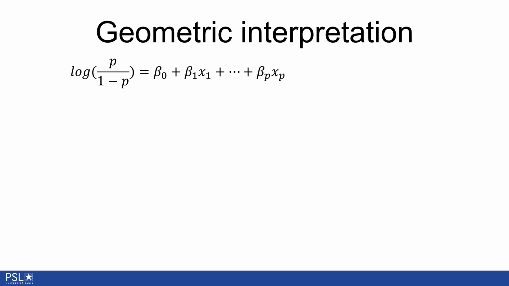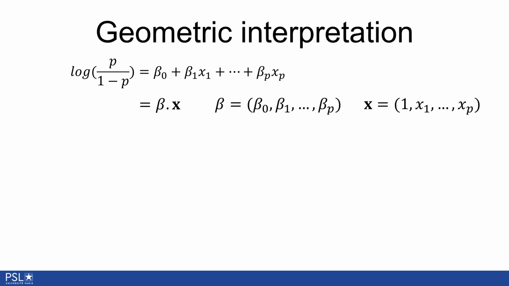As we saw, the log odds of class 1 are given by a linear function of input features. As for linear regression, this linear function can be written as a scalar product between two vectors, the vector beta of regression coefficients and the vector x of input features.